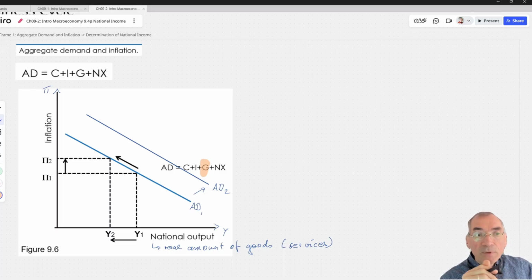So if the government spends more money, that typically leads to the aggregate demand function shifting to the right. And that's the first notion of our discussion of economic policy that we are going to do relatively intensively in this class of macroeconomics.